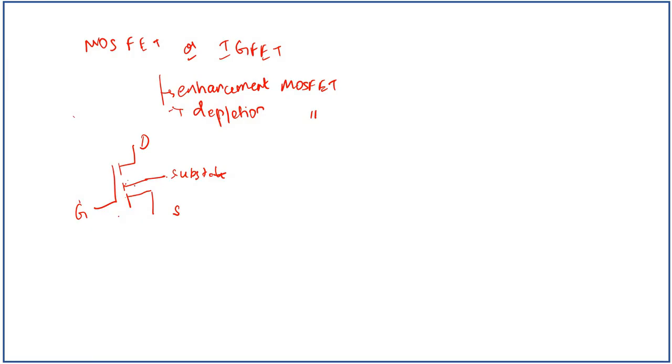Unlike BJT, here for N channel MOSFET the arrow mark goes inside, and for P channel MOSFET the arrow mark goes outside. So this is the substrate, source, drain and gate terminal for the MOSFET.